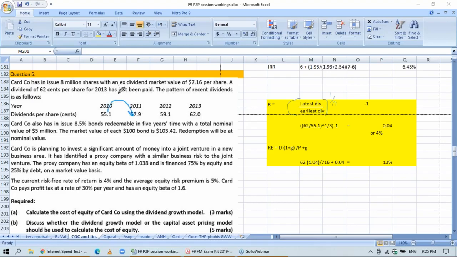In 1 year time, the dividend got increased, then 2 years, and then 3 years. It's an n-1 rule. So if you have 4 years, there are in fact 4 years, but the dividend has changed in how many years? In 3 years. So you have to take the time in which the dividend has changed. So you have to use the n-1 rule. Clear? Shehzad, is it okay? Okay, let's move ahead now.